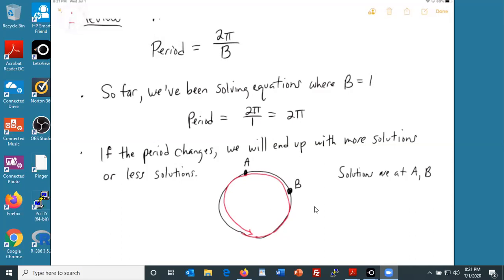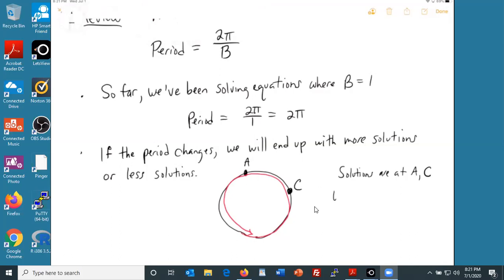I shouldn't have used B, I should have used something else. Darn it. Instead of this B here and that B there, I don't want to confuse it with the period. Let's use C, because we're already using B for the value going into the period.